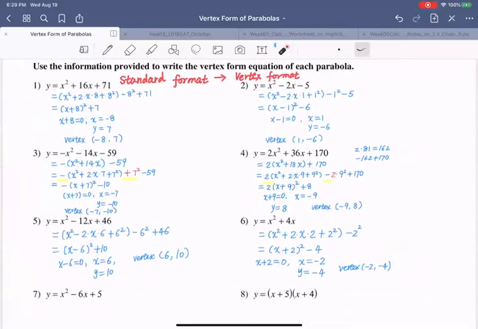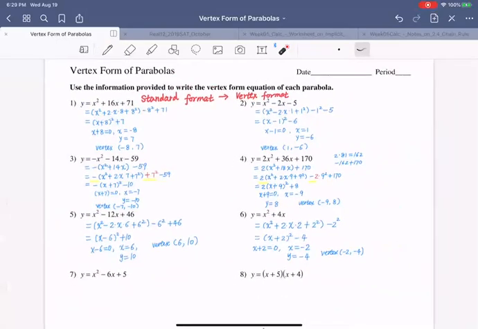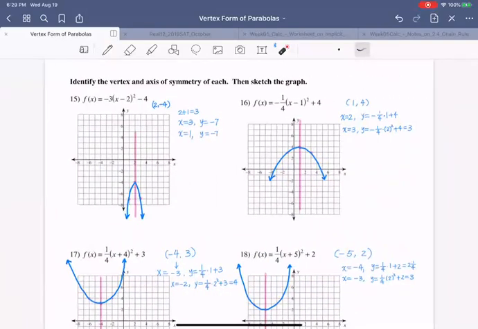Yes? Okay. So the second topic we learned is about vertex format graphing. Now, this is the most important topic in Algebra 1.